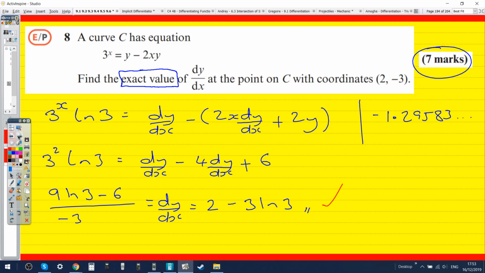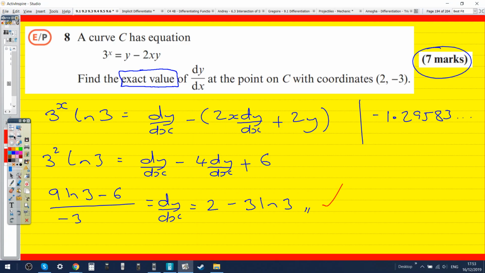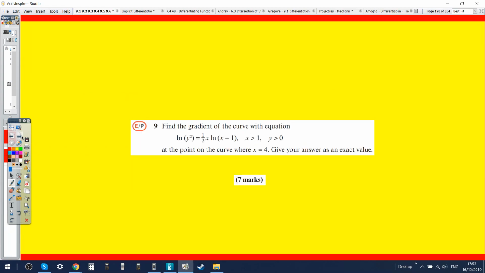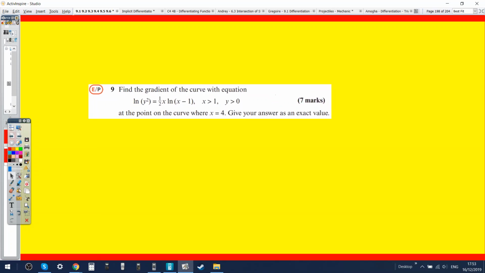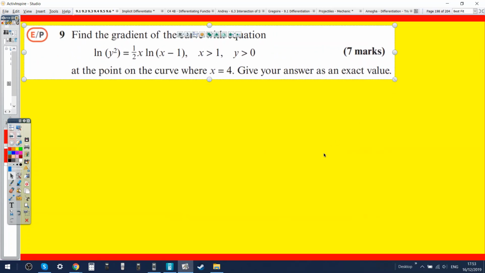This is definitely 8: 3 to the x minus 2xy. Wow, that's very strange. Come on, book, getting it wrong. Maybe this silly book actually had the wrong answer for our previous one. Hope not. That's annoying. I'm glad I didn't spend much time on it though.